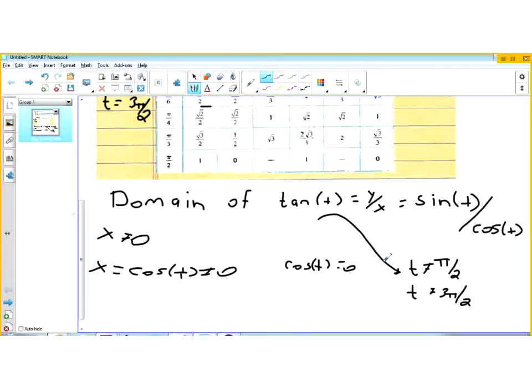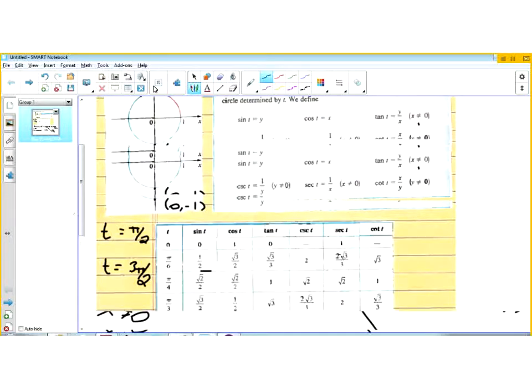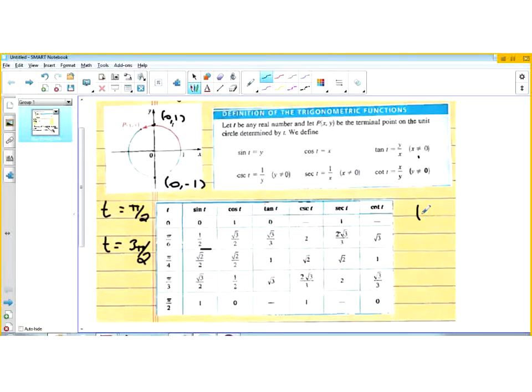Are those the only two values of t for which tangent of t is not defined? Well, no, it's not, because what if I stood at this point and I made one lap around the circle and came back to the point? In other words, we have t equal to pi halves plus 2 pi.